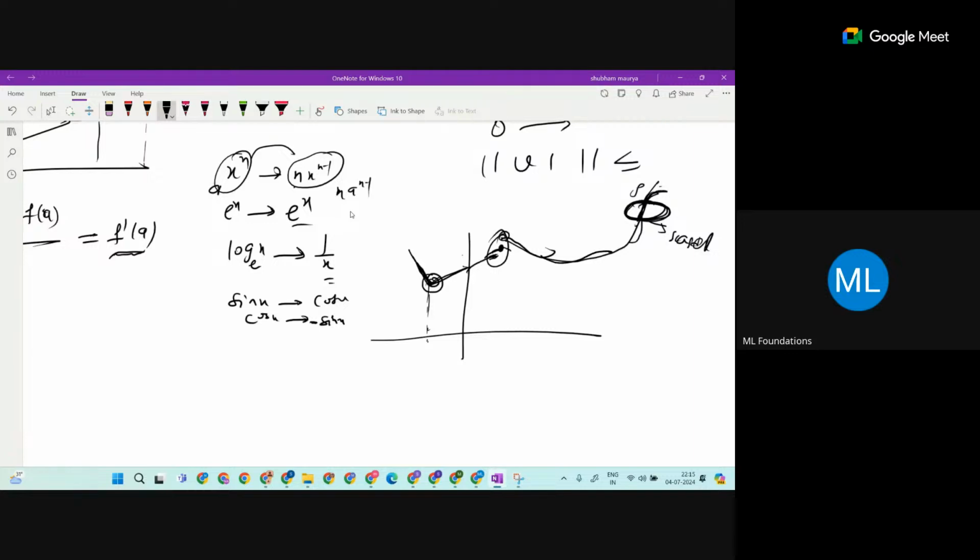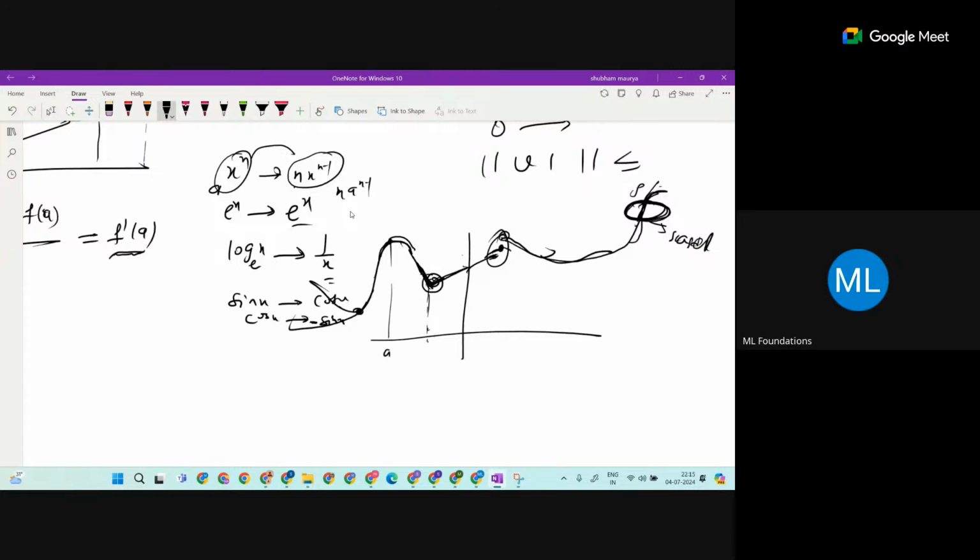Another thing is that sometimes there is a local maxima here and a local minima here. This point is also called a critical point, because a value change is happening there. That is why the word critical came: something is happening with the function value at this point. The value may go from lower to a sudden increase, or from increase to sudden decrease, or there is a sharp corner.